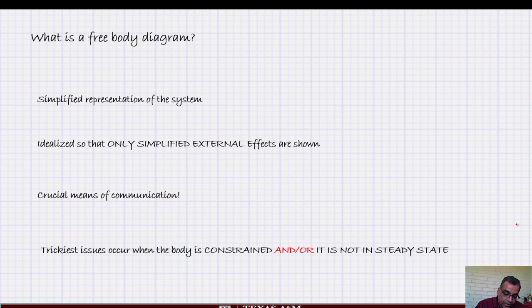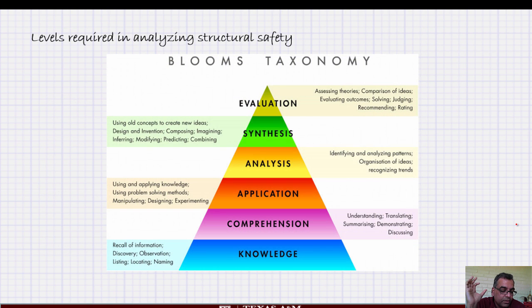The difficulty, especially in engineering applications, is when the body is constrained and/or not in steady state, that is, it's accelerating. Then things get difficult. Before we go into the details, I want to quickly show you Bloom's taxonomy.